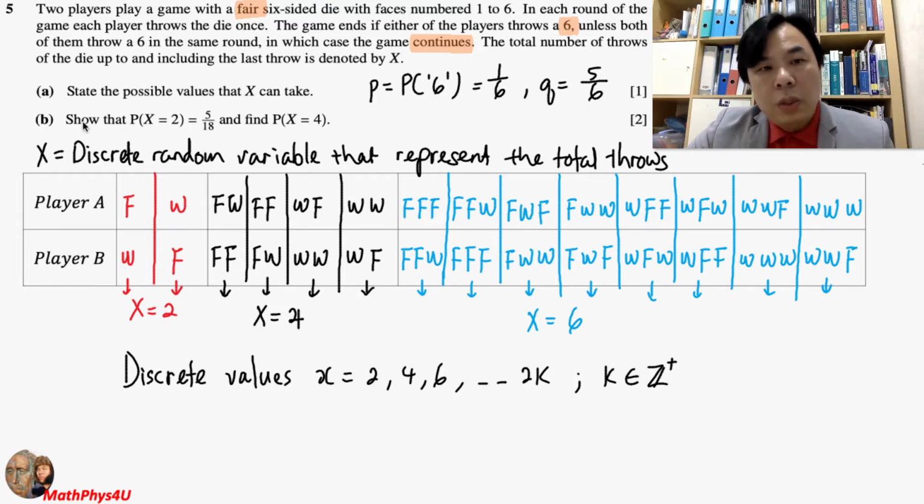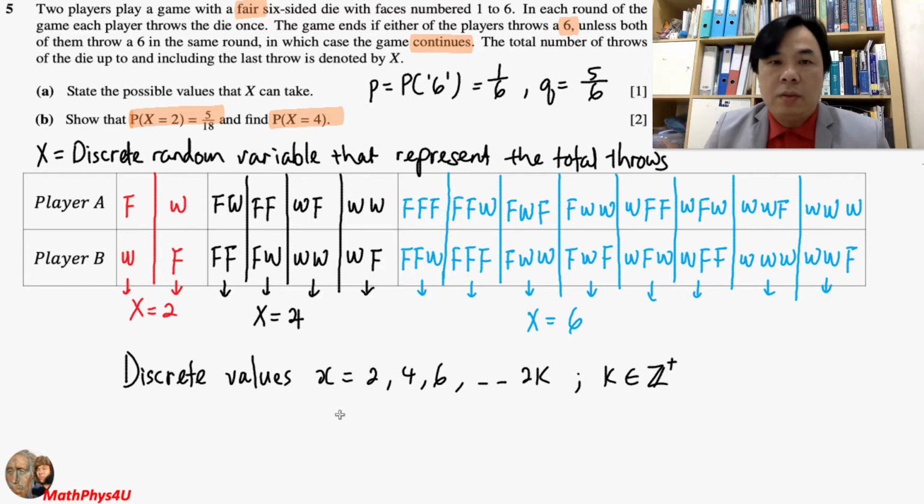So we need to show that the probability of x equal to 2 is actually given by 5/18. And then next we're going to find the probability of having x equal to 4 here. So there are two tasks that we need to perform. First one, and then the second part here. All right. So I hope you're clear with that.